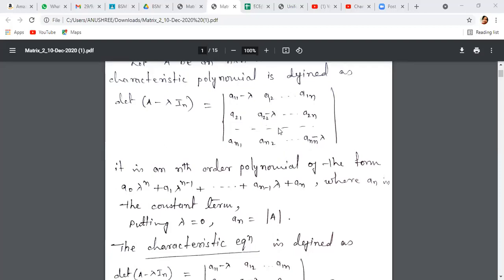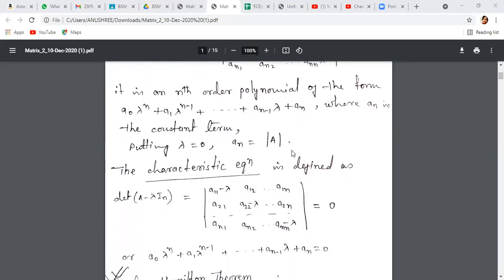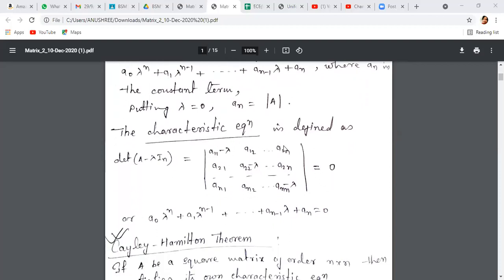Right? Next, after the concept of the characteristic polynomial, the characteristic equation: if the characteristic polynomial is equated to 0, the equation obtained is known as the characteristic equation. That means the characteristic equation is the determinant of A minus lambda I equals 0.